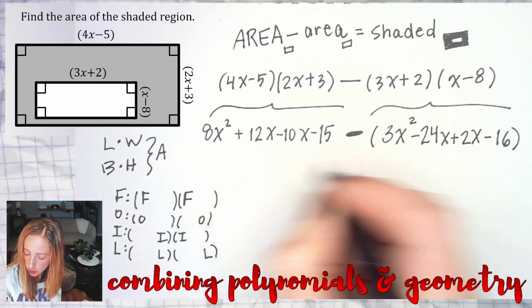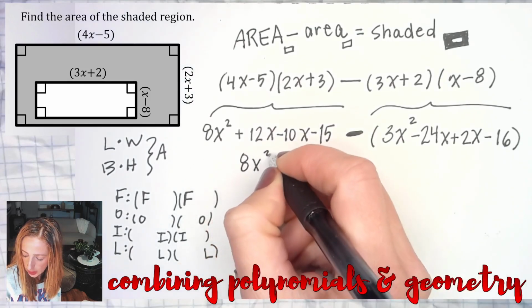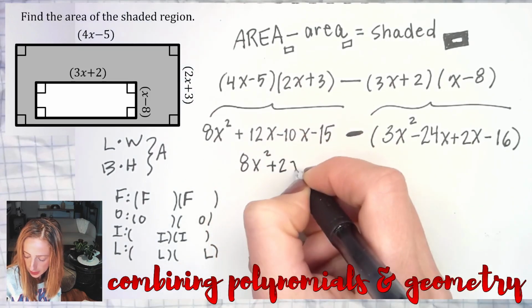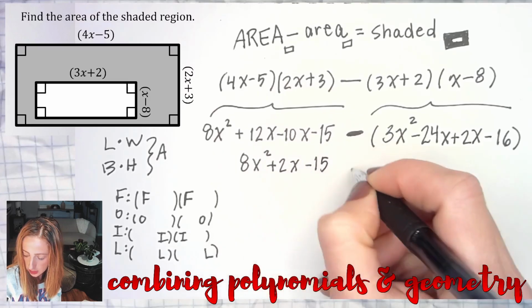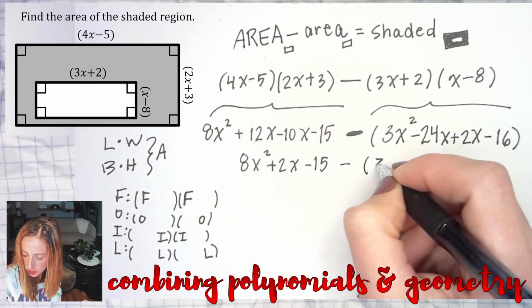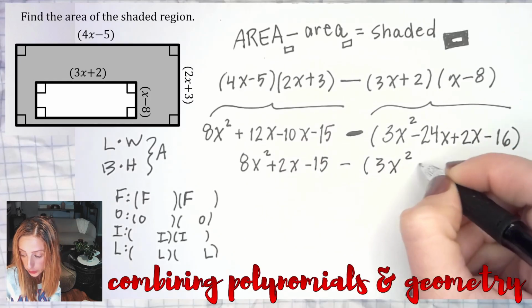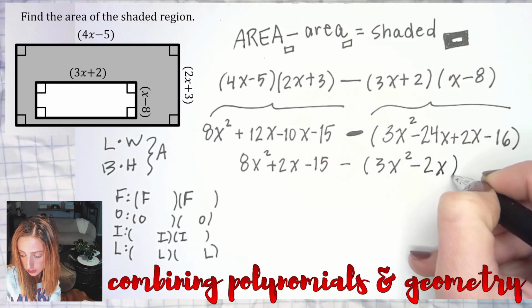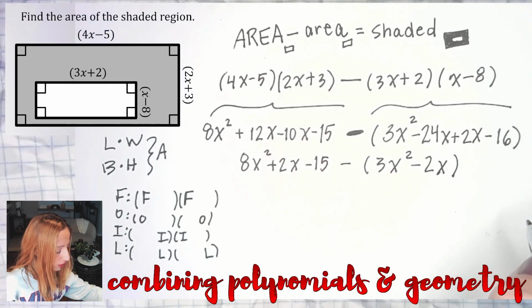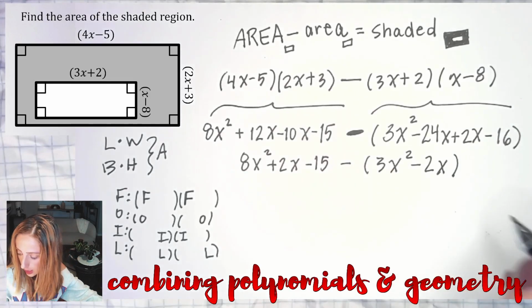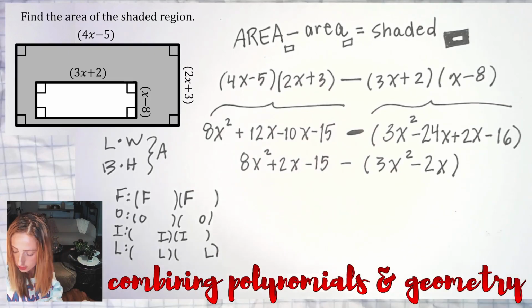I'm going to combine like terms before I move on. 8x squared, this will be plus 2x minus 15, minus, let's keep the parentheses just for a moment, 3x squared. Negative 24 plus 2 is negative 2x. What am I doing? I don't need to close my parenthesis yet. And then minus 16 is still there. So let me just fix that.